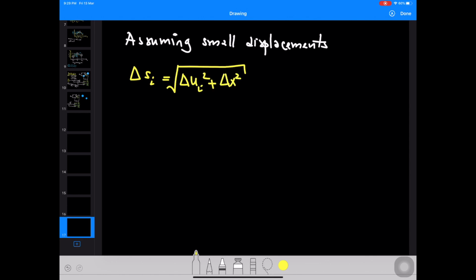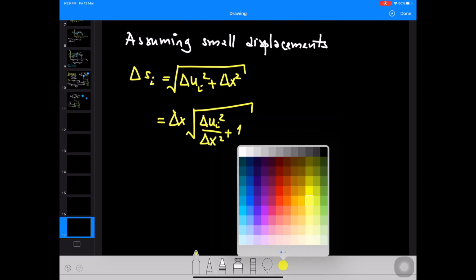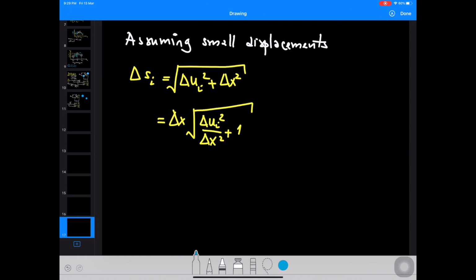Now if you put delta x outside of the square root, you get delta x times the square root of delta u_i squared over delta x squared plus 1. Now when we assume small displacements and small displacement gradients, this term will tend to go to 0.